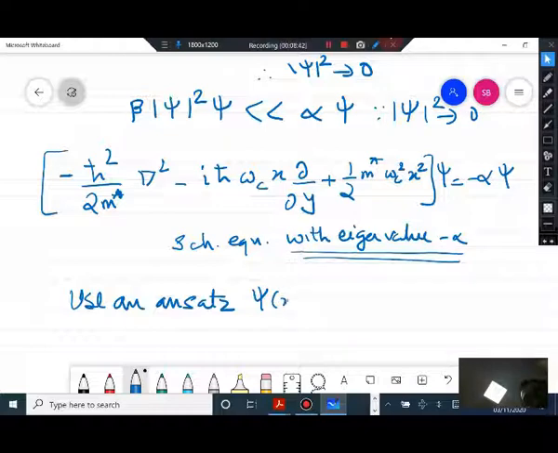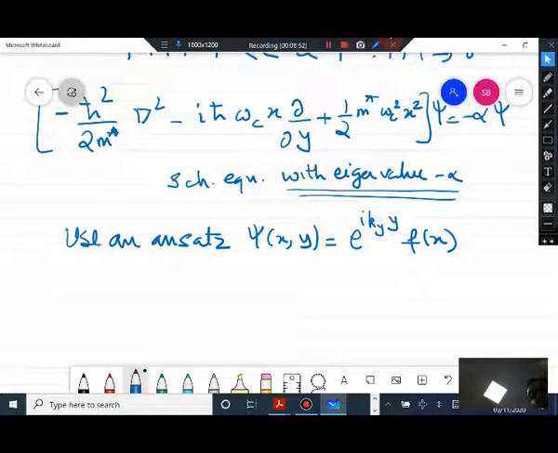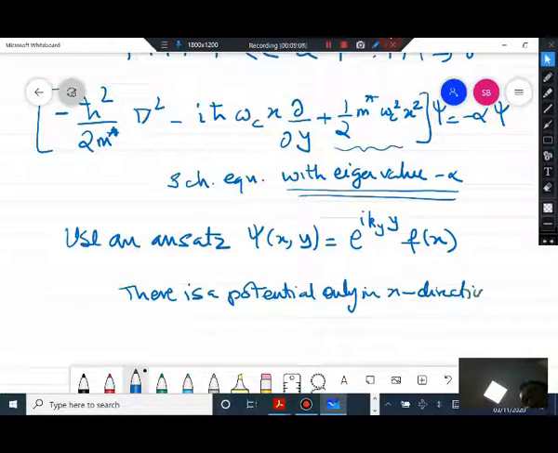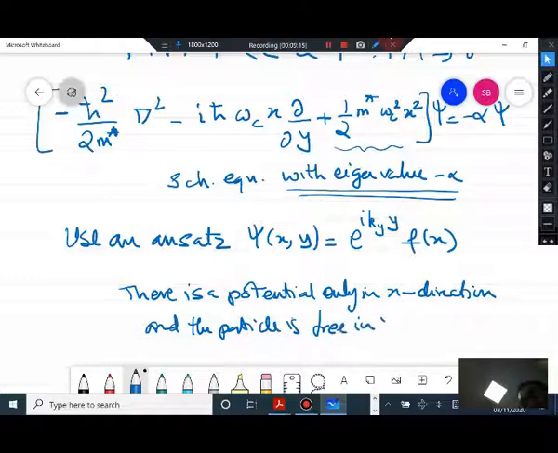that psi of x y is e raised to i ky y f of x. One has a potential basically only in the x direction, and the particle is free in the y direction.